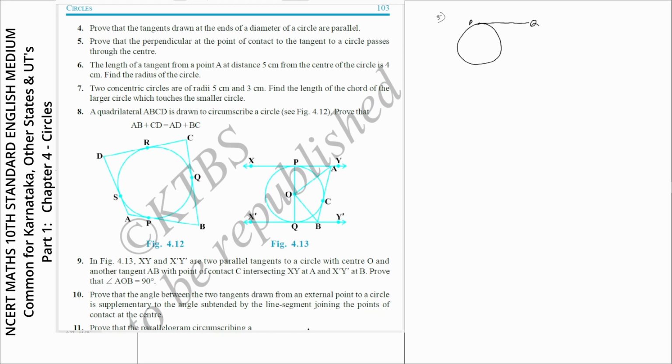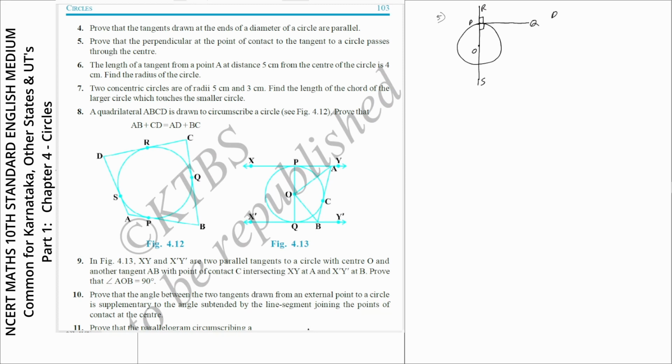If I draw a line RS like this, perpendicular to the tangent at the point of contact P, then it passes through the center of the circle, and we have to prove it. That's the question.